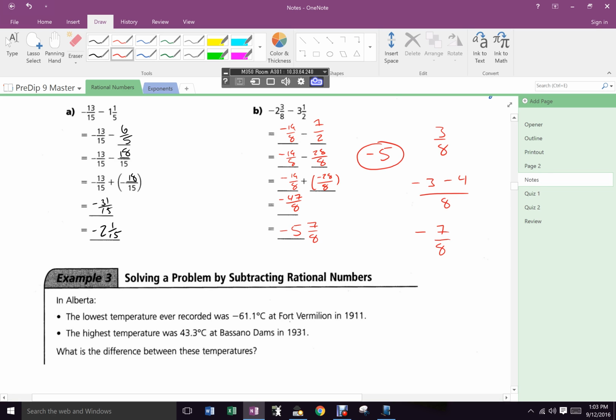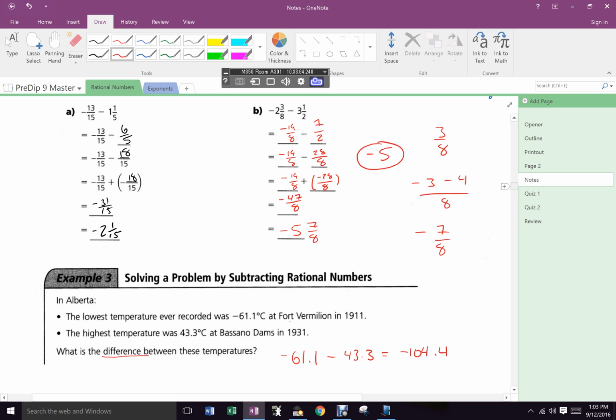Now, this type of question shows up all the time. I'm sure most of you do, right. What math is different? Minus 43.3. To get an answer of negative 104.4.